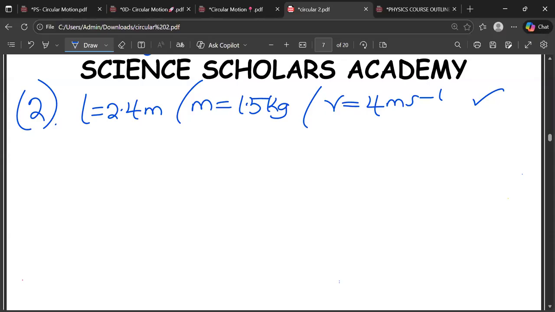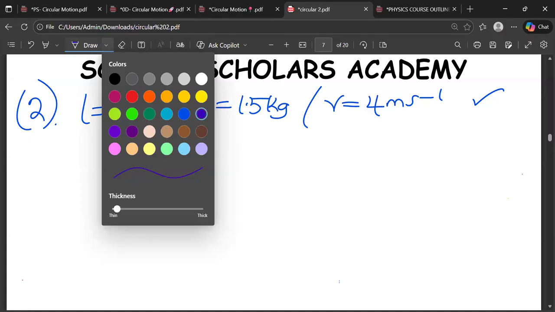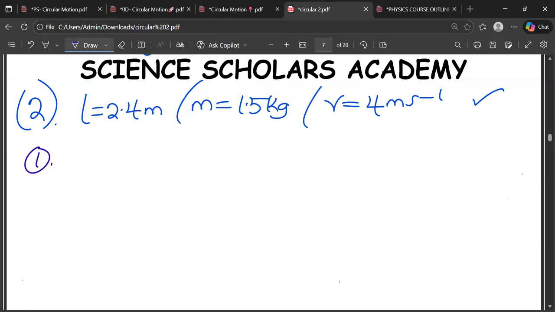So for the first question, I want you to follow the ESCA model. They want Roman 1, the force exerted on P by the table.